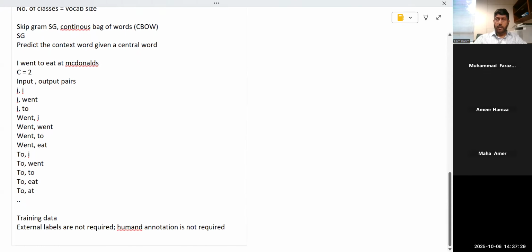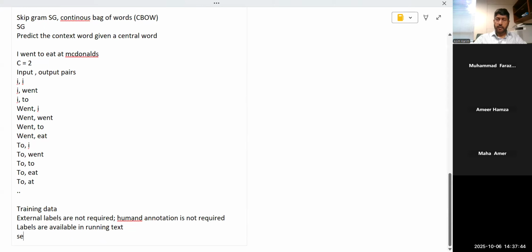So labels are available in our running text. So as such, this is called self-supervision. So you might have heard of this name, or self-supervised learning.